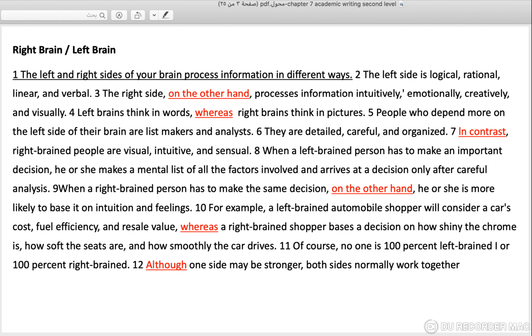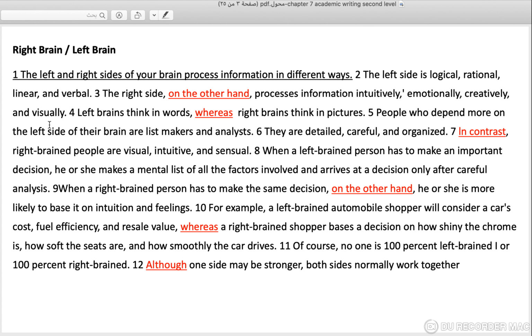They are detailed, careful, and organized. In contrast، طبعا نستخدم كلمات مثل in contrast إذا كان عندنا الباراجراف comparative، يعني إذا كان الباراجراف مالتنا معتمد على المقارنة. On the other hand, whereas, in contrast, right-brained people are visual, intuitive, and sensual.